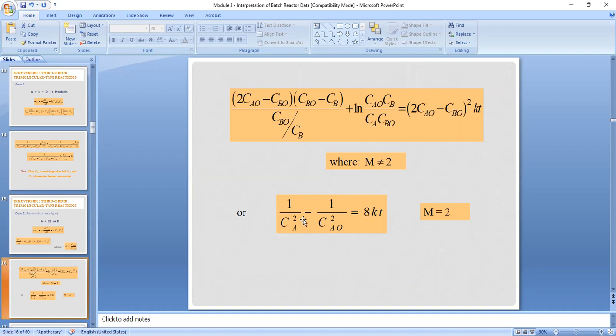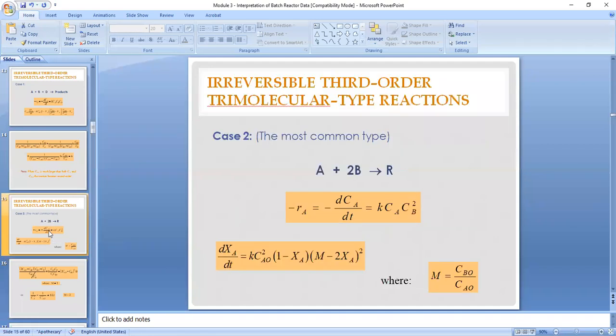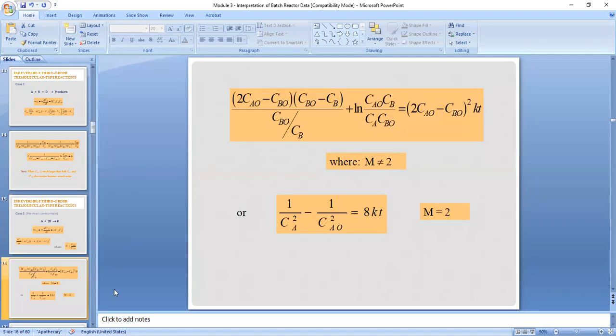If it's equal to 2, you will have this simplified equation to use. This is the resulting equation if you evaluate your DE using separation of variables and the method of partial fractions for integration. I'm referring to this one. So this is for case 2 under third order irreversible reaction.